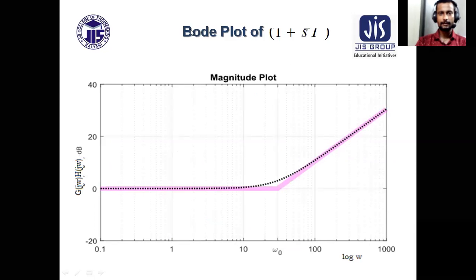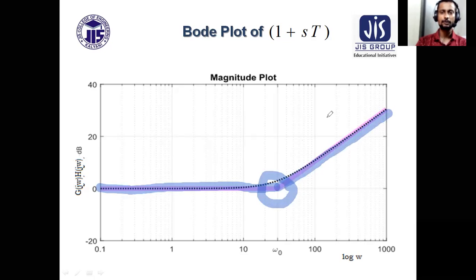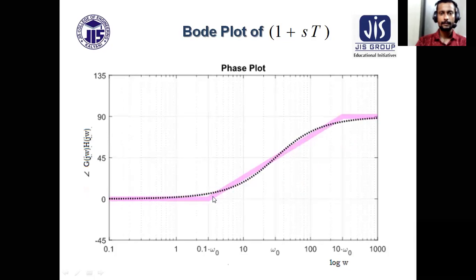So initially, the slope is 0 degree at low frequency. At corner frequency, the slope will start changing to plus 20 dB per decade, as this is the 0 case. Now for the phase angle plot, initially the phase angle is 0 degree.